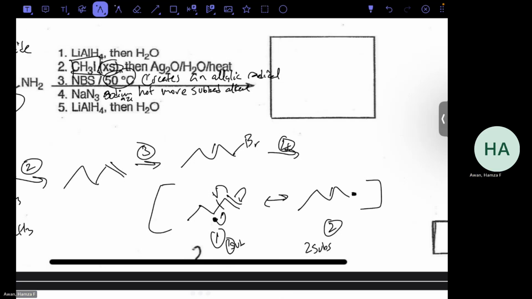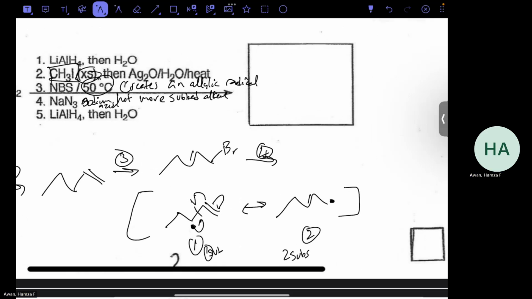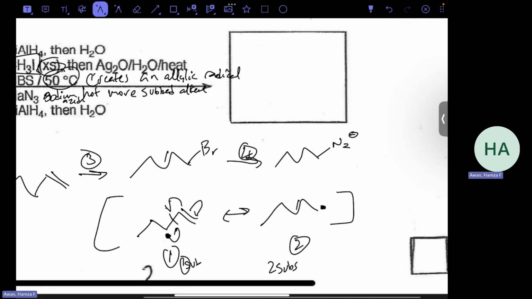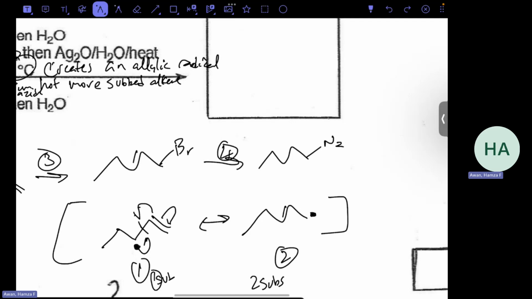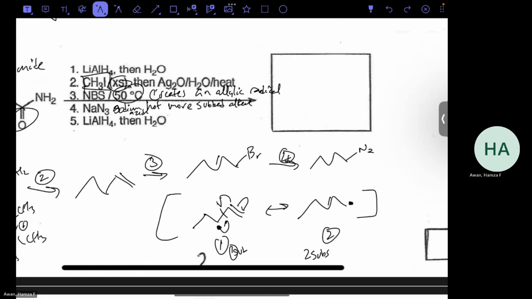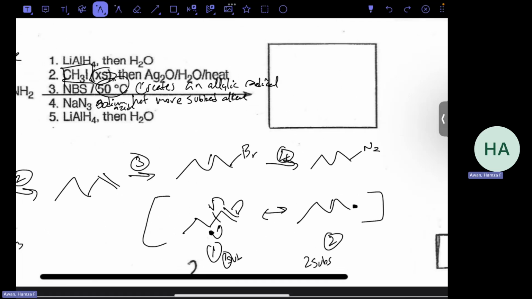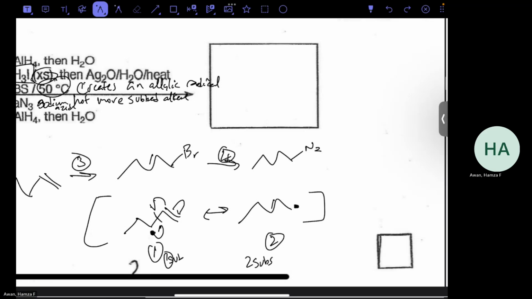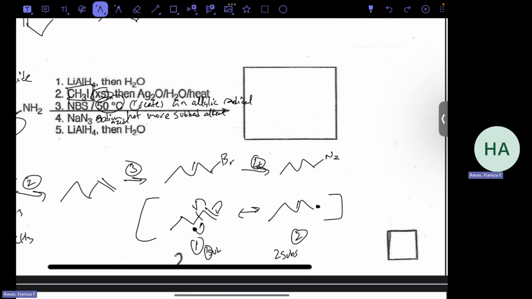It does a little reaction that causes this Br to leave, and it creates an N2 there. We'll just put N2. You don't have to put the minus in this case. So this would just be N2, right?